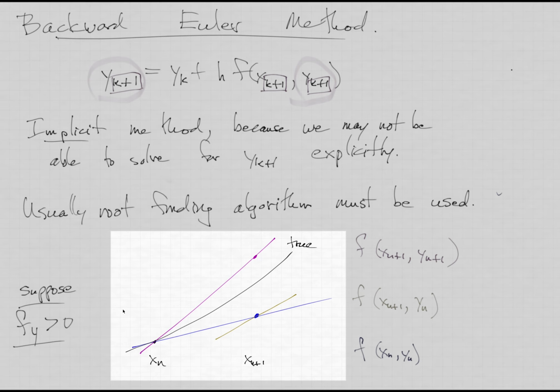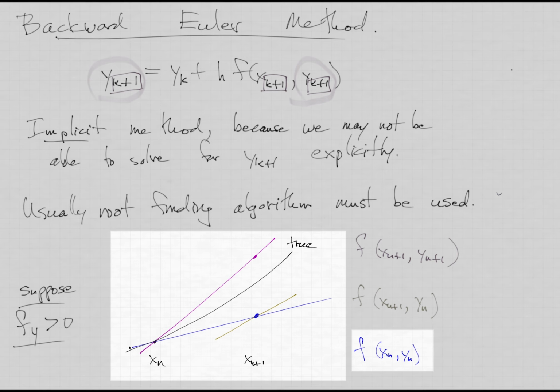Now, in the Euler-Forward method, what we do is we look at this point here, and we calculate f at this point, and suppose that the blue line here represents the value of f at the previous point, the point that we've already calculated.